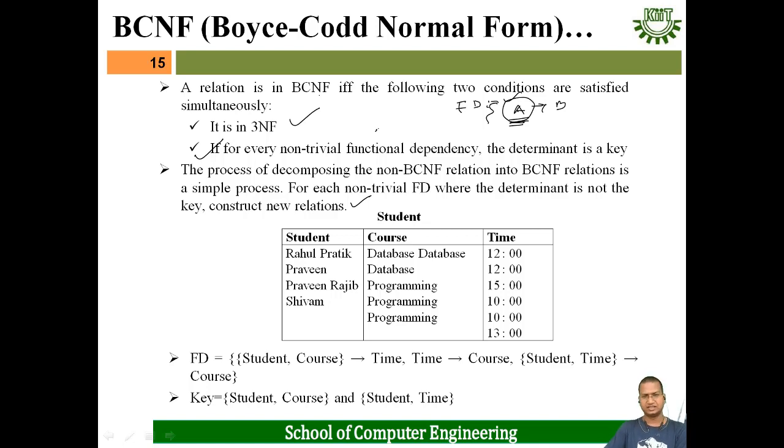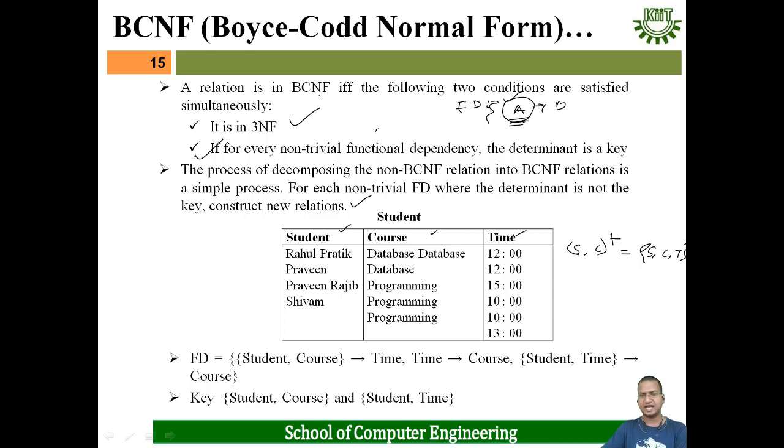Okay. In this case, a student table is there with three attributes: student, course, and time. And the functional dependencies are student, course determining time, time determining course, and student and time determining course. First, we have to find out the key attributes in this case. Suppose student and course closure I will take. Student, course closure gives student, course, and time.